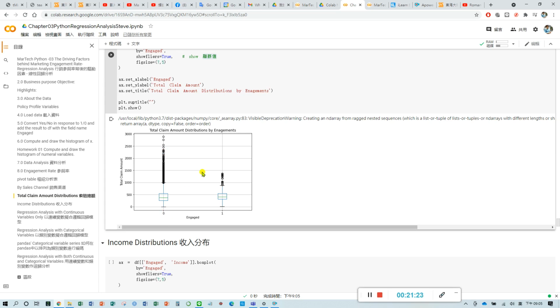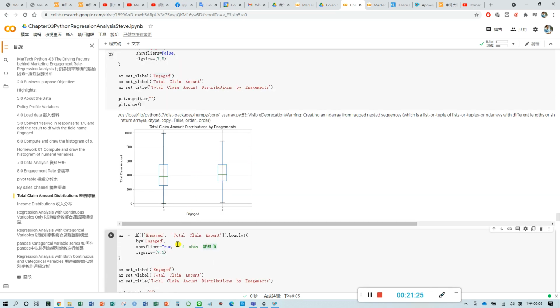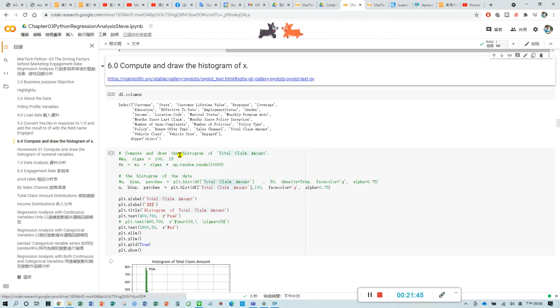You can see last time we showed the histogram for total claim amount, right? It's a distribution like this. This one calculates a histogram, right?